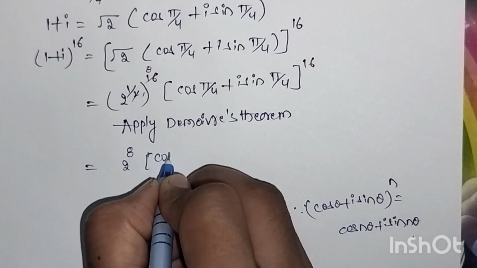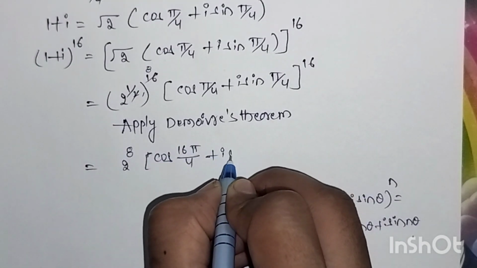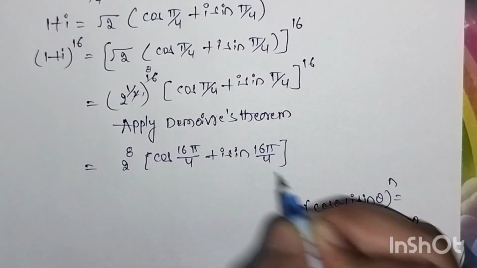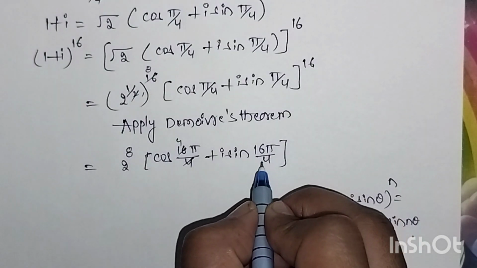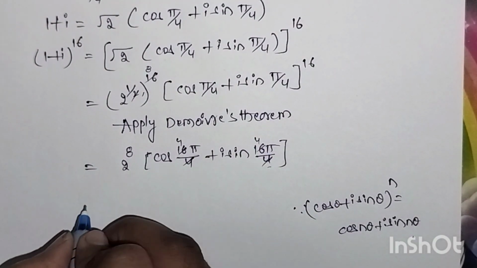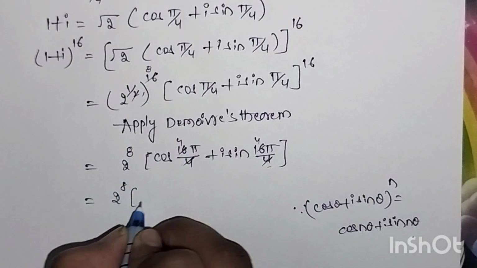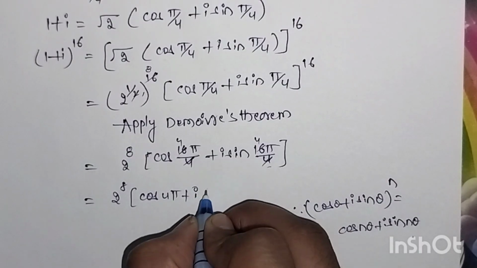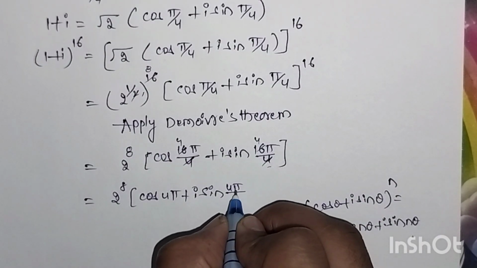So cos 16 pi by 4 plus i into sin 16 pi by 4. 4 1s are 4, 4 4s are 16. So that equals 2 power 8 into cos 4 pi plus i into sin 4 pi.